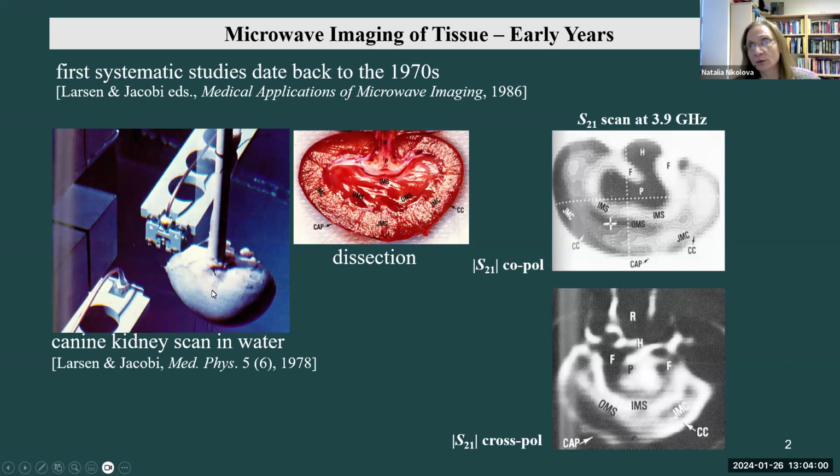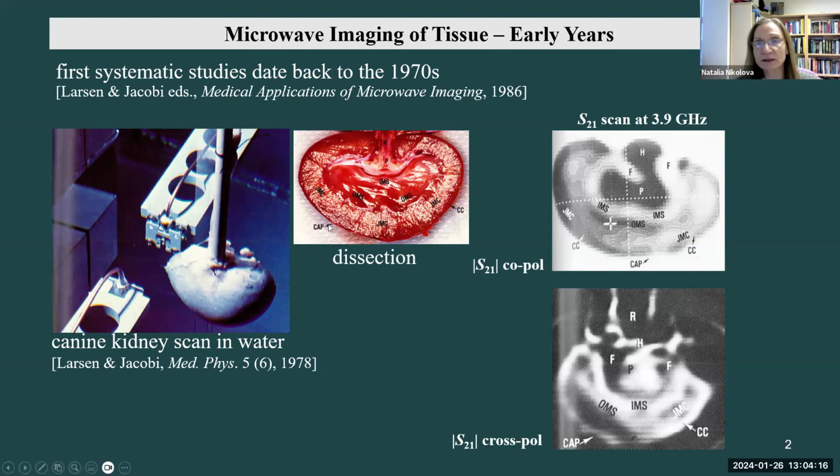And so if you want to couple power, you better make sure that the surrounding medium is well matched to the object that is being imaged and that your antennas are designed to operate in water.